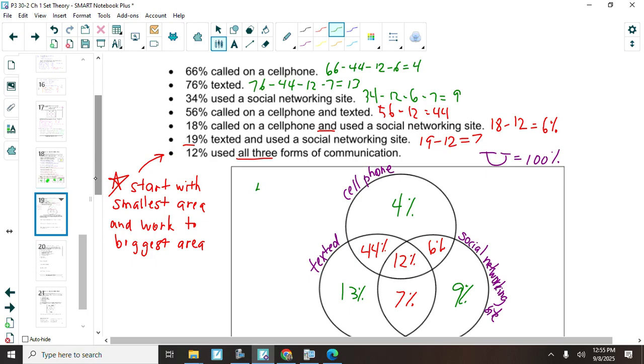Don't forget that there's going to be a none category that sits on the outside. Even though it didn't tell you in the list that 5% did neither or none, it's assuming that you can figure that out: once you add up everything and subtract that from your universe, that is how you get to your none.